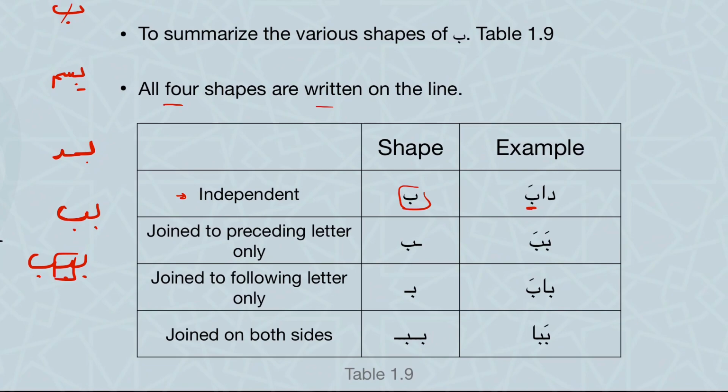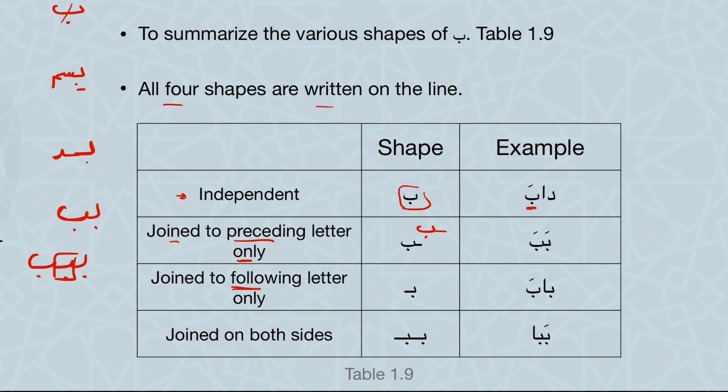If joined to the preceding or previous letter only, as we call it a final position, it would be like whatever is before it, and then you would end with the ba. So baba, baba, baba.